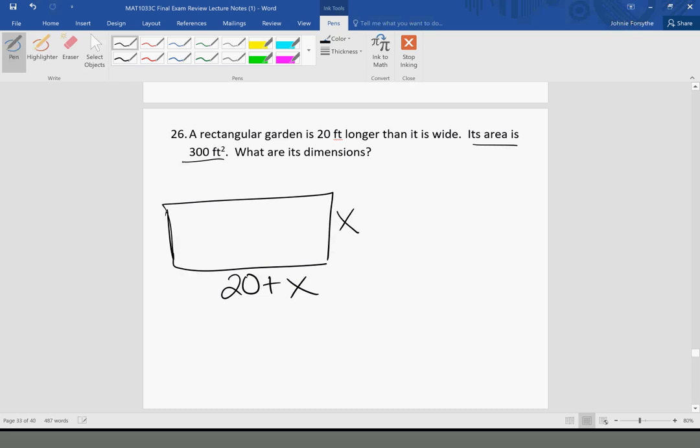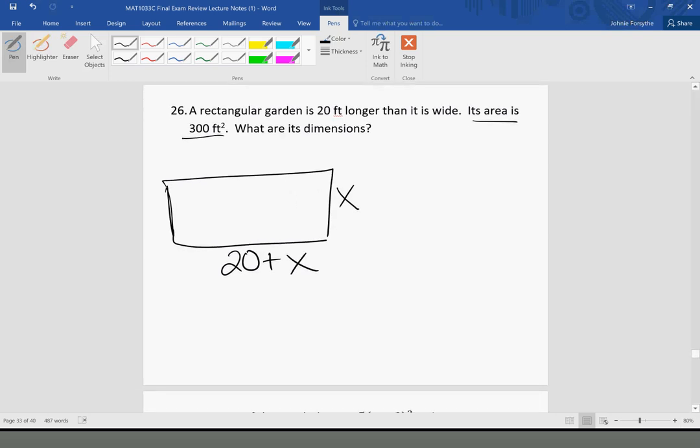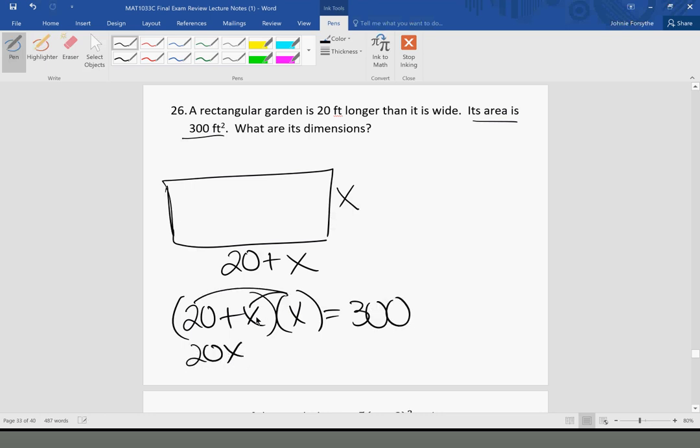Its area is 300 feet squared. The area of a rectangle is length times width. So we're going to say 20 plus x times x equals 300. We're going to distribute. So we have 20x plus x squared equals 300.